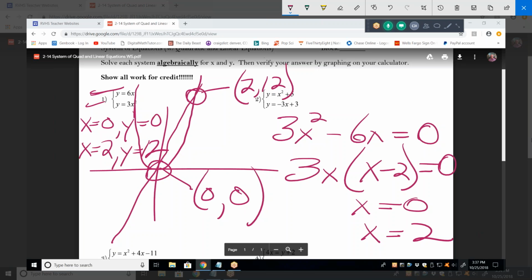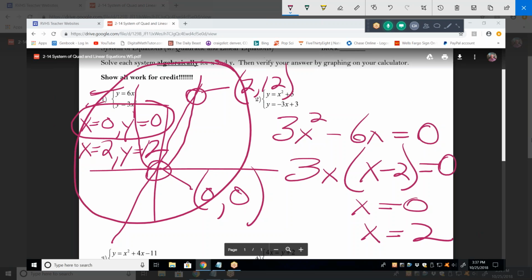And then when you verify it on your calculator, you're going to get these two graphs, and wherever they intersect should match your two solutions. In other words, they intersect at x equals 0, y equals 0, and they also intersect at x equals 2, y equals 12.